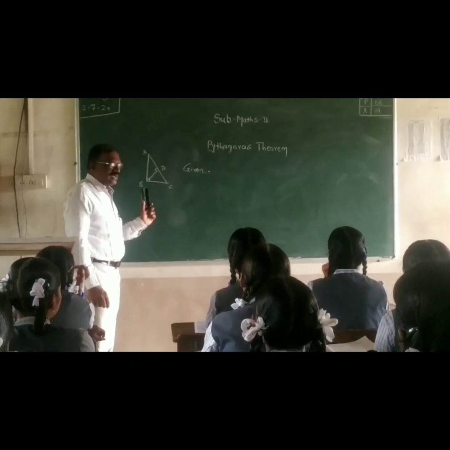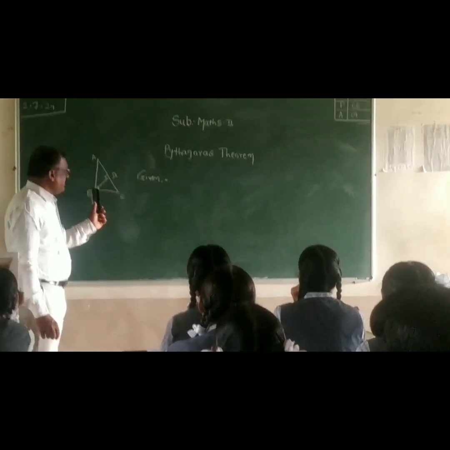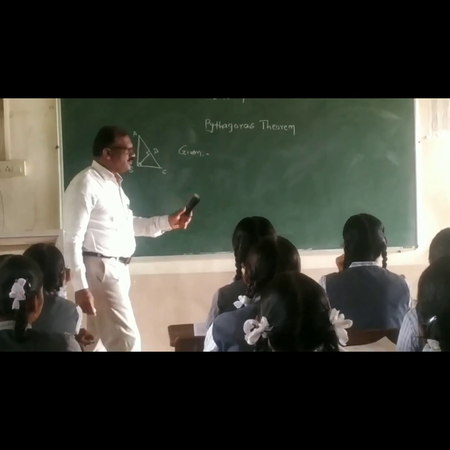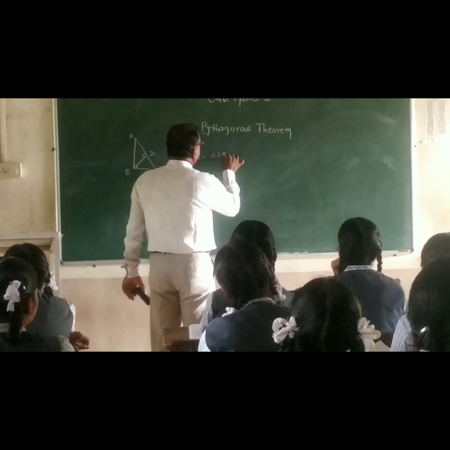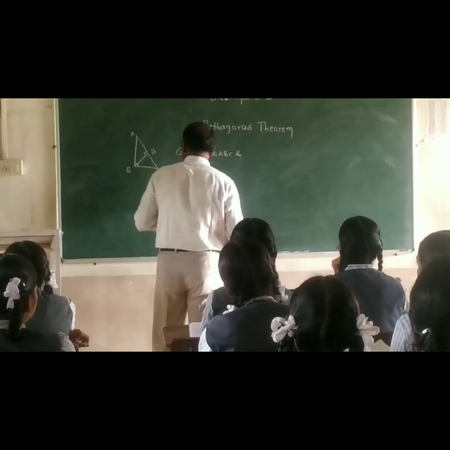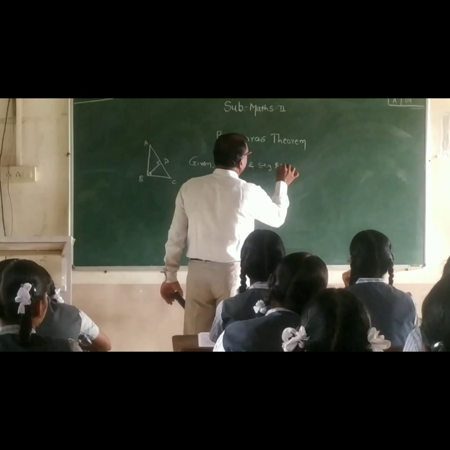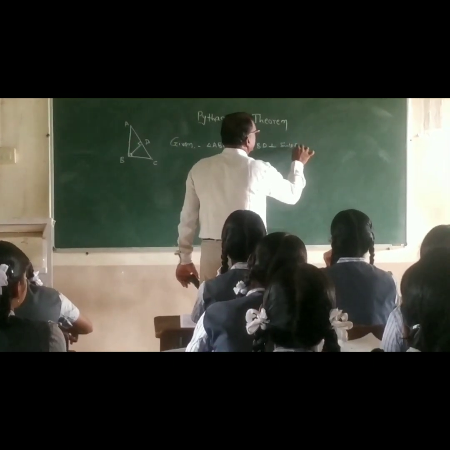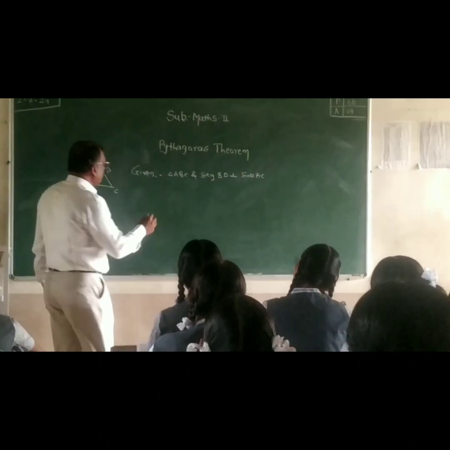Triangle ABC is given, and segment BD perpendicular to side AC. So here write: triangle ABC and segment BD perpendicular to side AC. This will be written in the given. Understand? Then you write To prove.